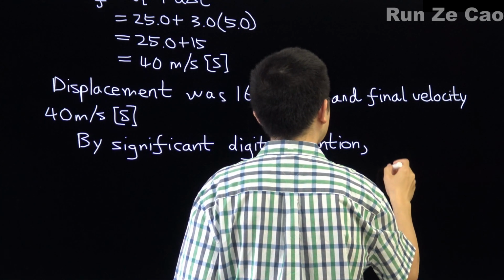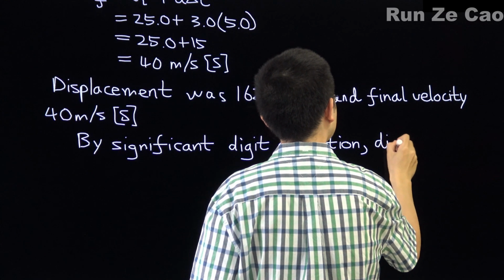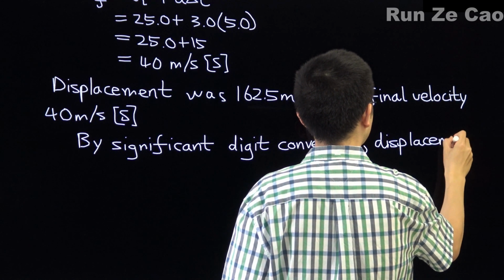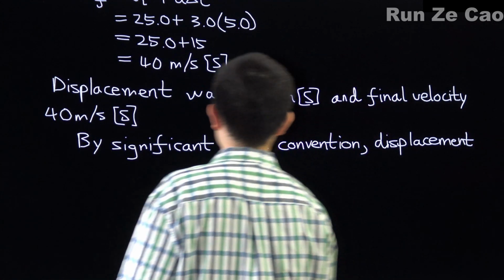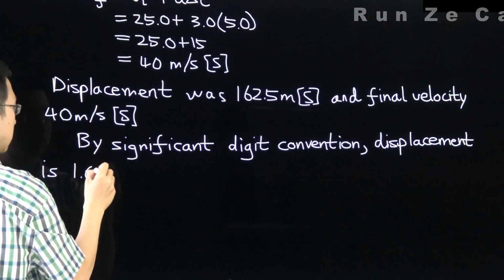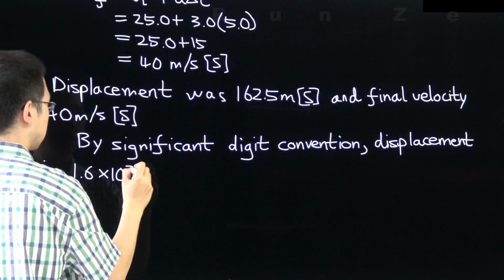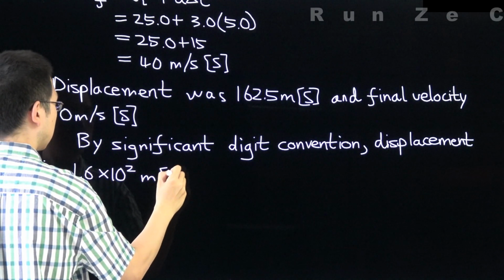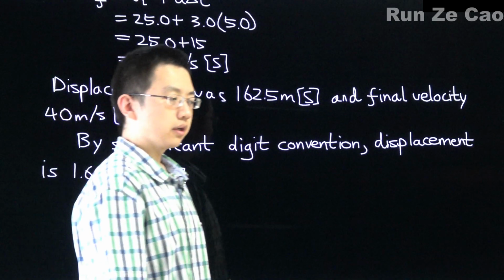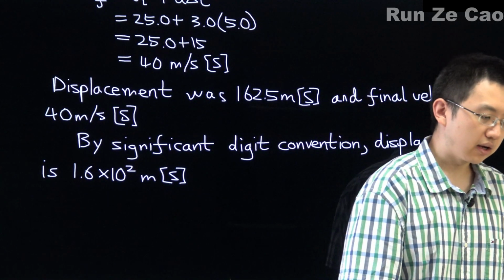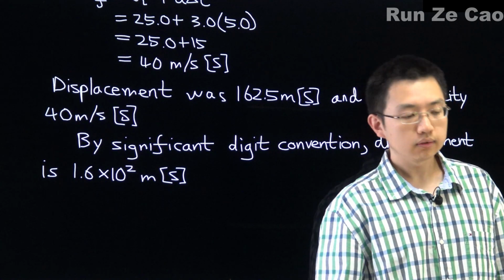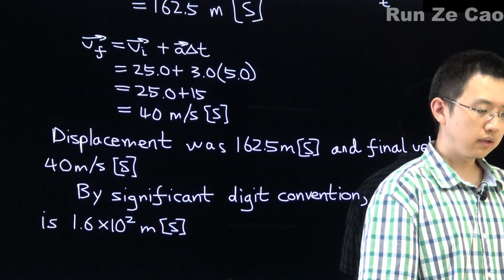The final velocity is the same, but the displacement is 1.6 times 10 to the second meters south. Yeah, I know it sounds kind of awkward and irritating, but, well, it's a convention.